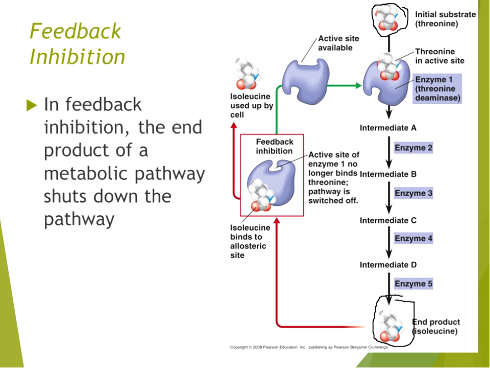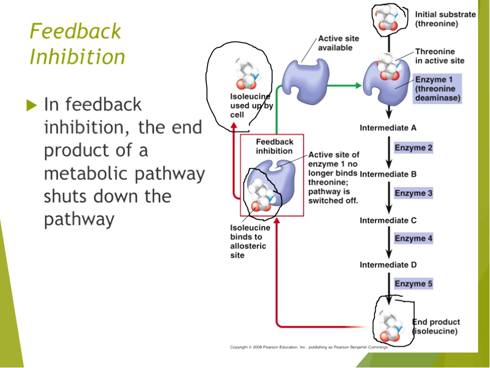When isoleucine is produced, isoleucine will now actually bind to that enzyme that was originally used for this reaction at the beginning, and by binding there, you can see it binds right here, it actually blocks and changes the shape of that enzyme, so it keeps the enzyme from being able to bind to threonine again. So it stops the pathway and stops that feedback loop.